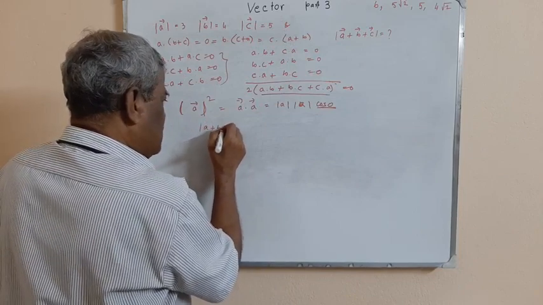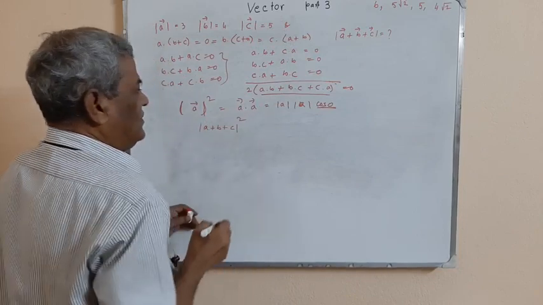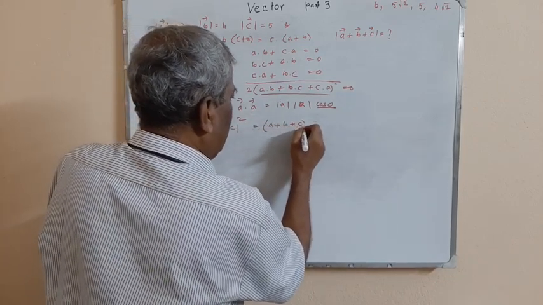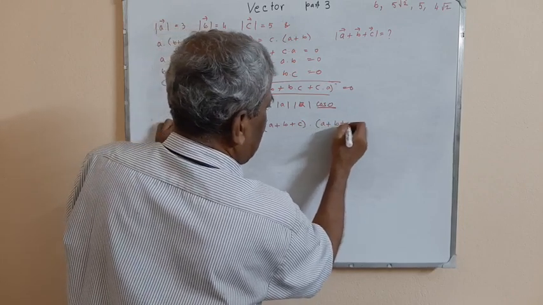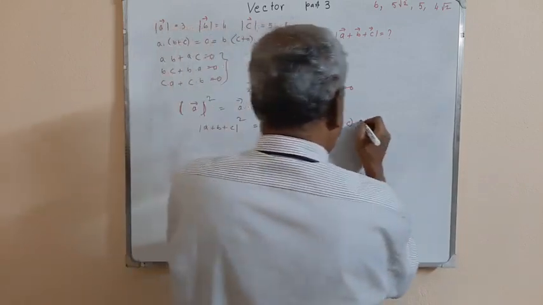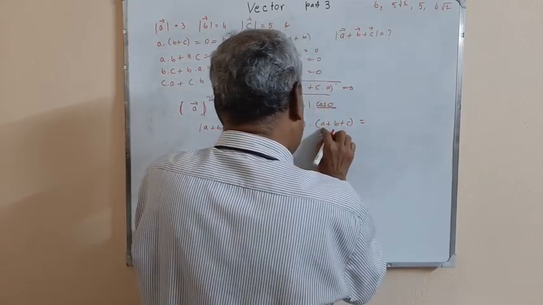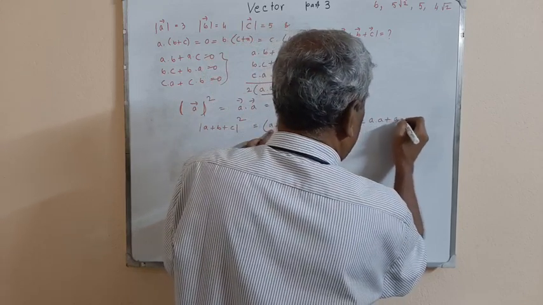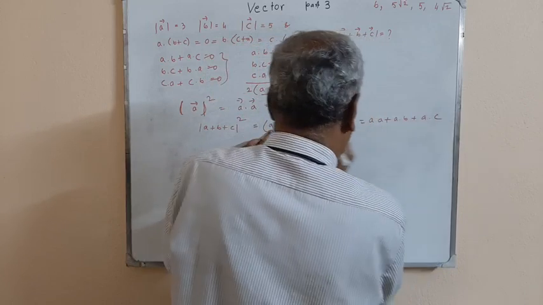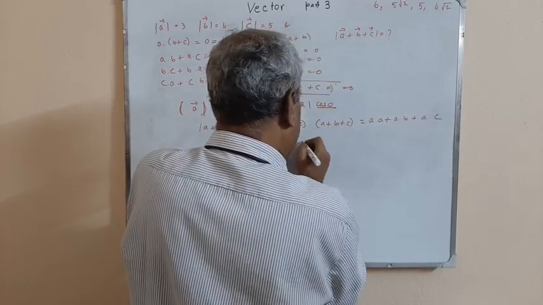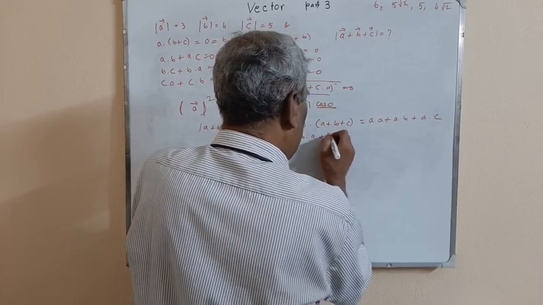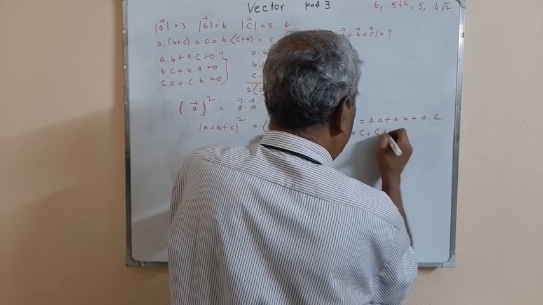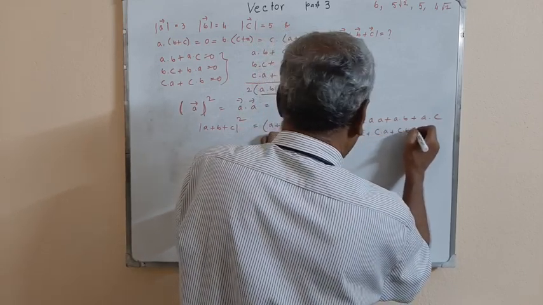Magnitude of A plus B plus C whole square is equal to (A plus B plus C) dot (A plus B plus C), which is A dot A plus A dot B plus A dot C plus B dot A plus B dot B plus B dot C plus C dot A plus C dot B plus C dot C.